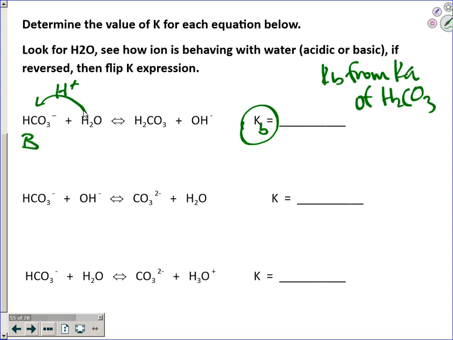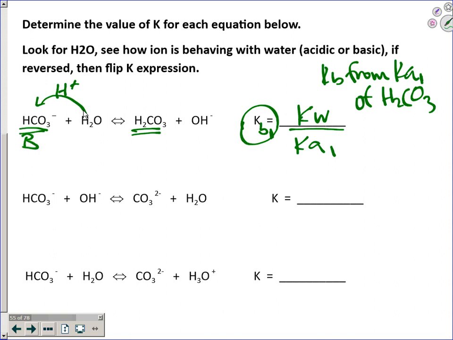Is this going to be the Ka1 or the Ka2 of carbonic acid? Ka1, because this is the first exchange of an H+. There's carbonic acid and there's the version with one less H. So this is the first deprotonation, which is Ka1. So find Kb from Ka1, which means Kw over Ka1. And I'm going to call that Kb1 just so we're on the same page, since I'm still writing the first deprotonation.